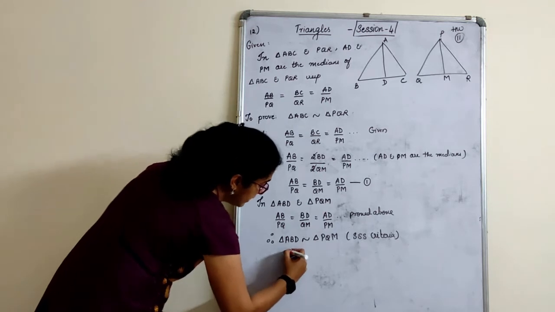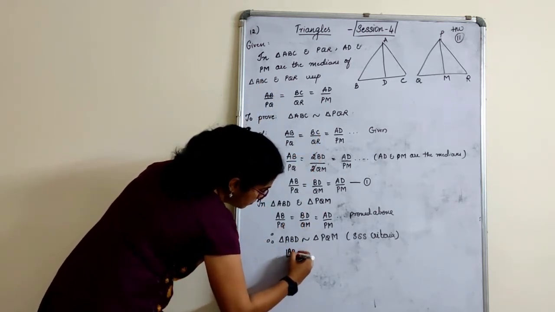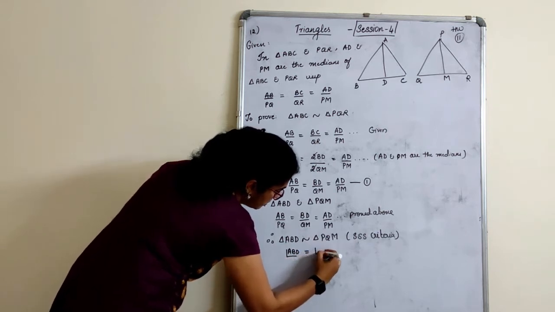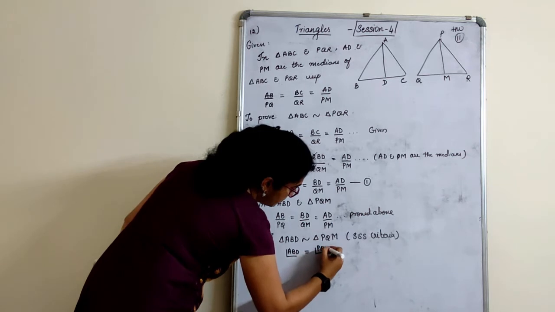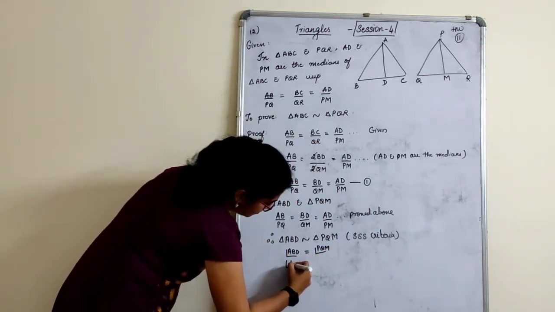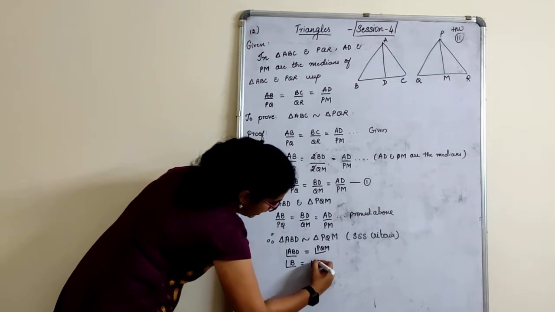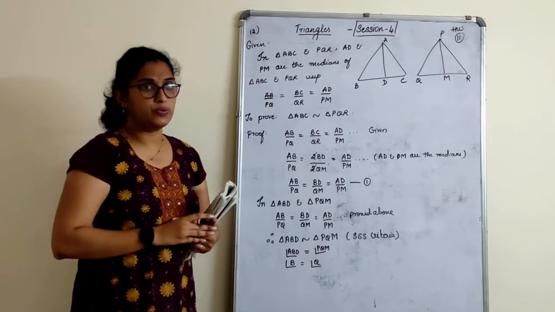From this, can I tell angle ABD is equal to angle PQM? Why? That is nothing but angle B is equal to angle Q, because they are similar.